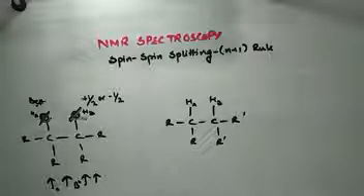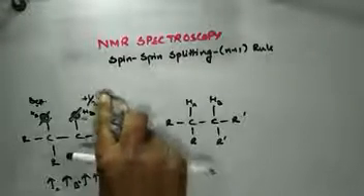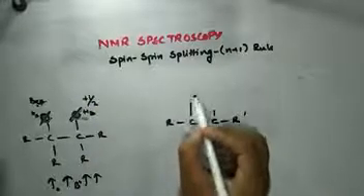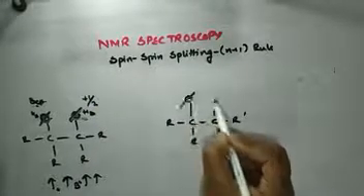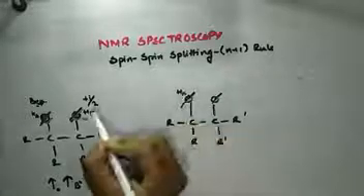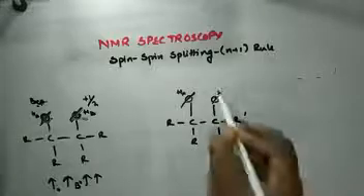In your NMR sample, there will be innumerable molecules, so there may be two arrangements possible, and the probability will be 50-50%. So for HA and HB, if it is plus half, then it will be arranged in minus half.